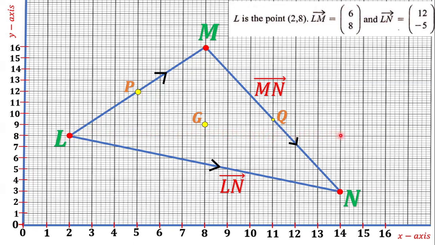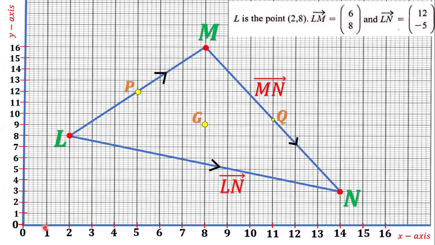Then we move 5 downwards: 1, 2, 3, 4, 5. This is where N is supposed to be. Then we draw a line from L all the way to N, put our arrow, and indicate that this is the vector LN.